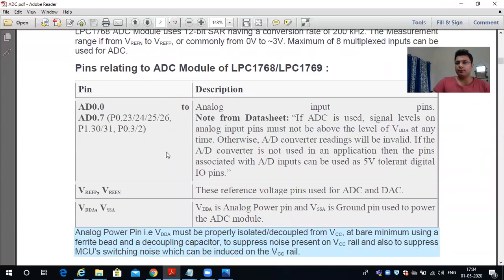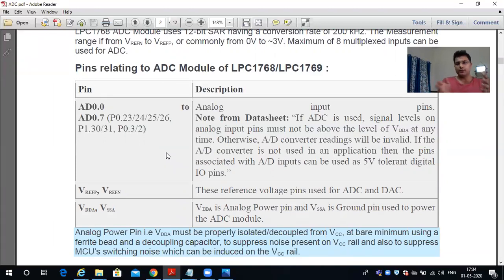Now, as with every peripheral, there are certain associated registers through which we can control, monitor, and regulate the concerned peripheral module.